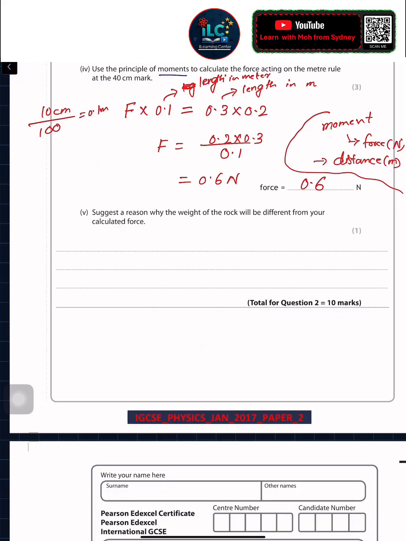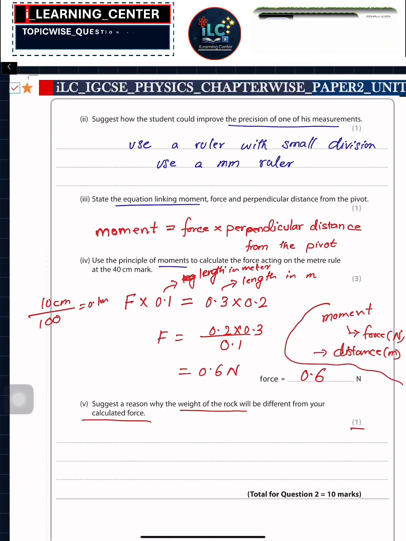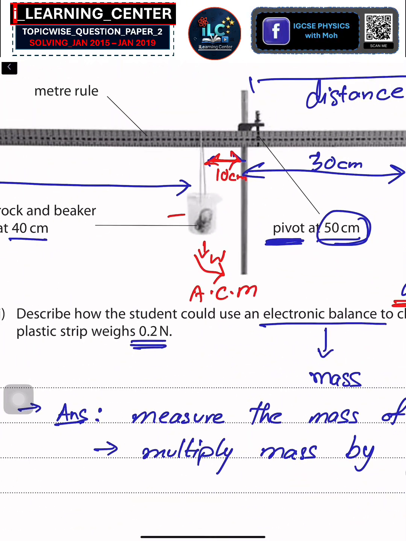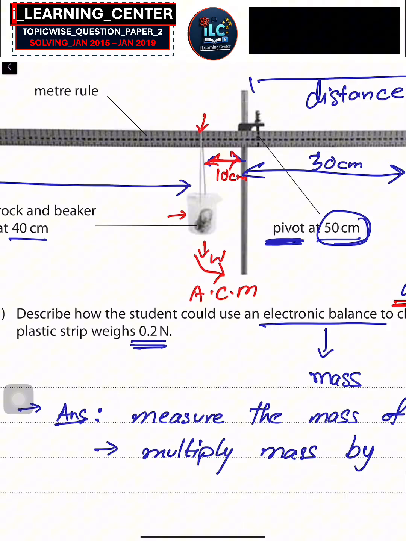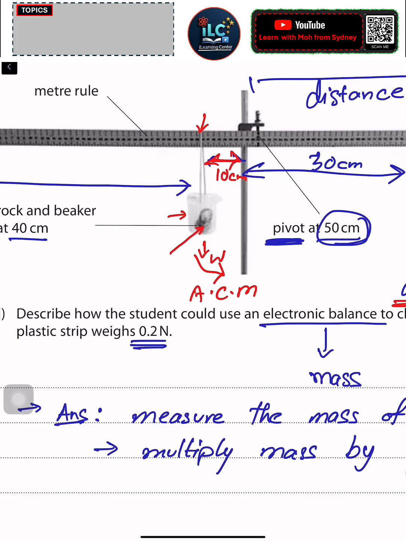Then the last one: explain the reason why the mass weight of the rock will be different from your calculated. Just 1 mark. Very easy answer. If you look carefully here, what happened? They have a bucket as well, they have a string as well, and we are just considering the mass of the rock inside here.